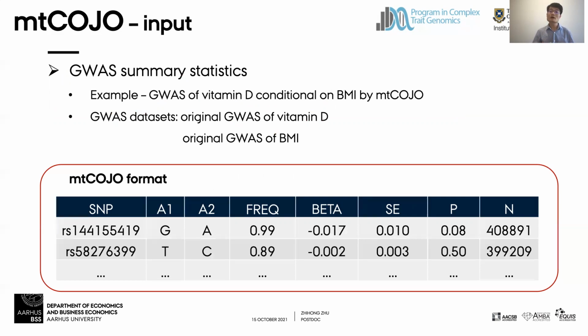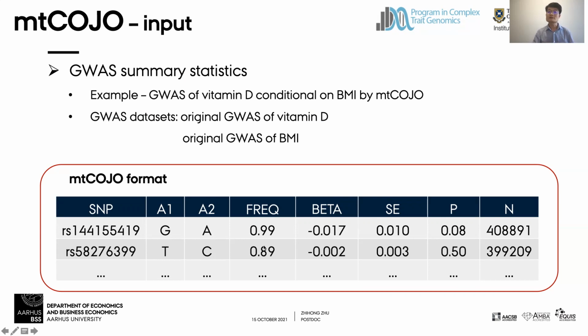There are 8 columns in the MT-Kojo format file. The first row is the header. The MT-Kojo will use the SNP ID column to match the GWAS datasets with the LD reference. The SNPs which are not matched will be excluded.